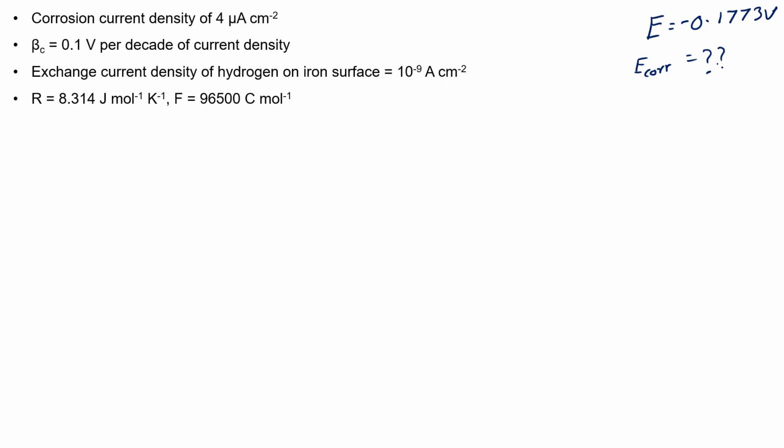What is given is the exchange current density. The exchange current density I naught is given as 10 raised to power minus 9 ampere per centimeter square, and the value of the Tafel slope is given as 0.1 volt per decade. Okay. So here the Tafel equation will come into play.